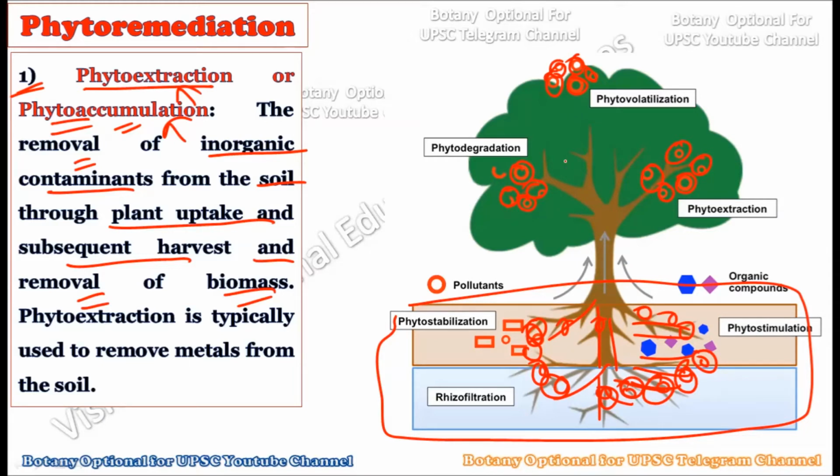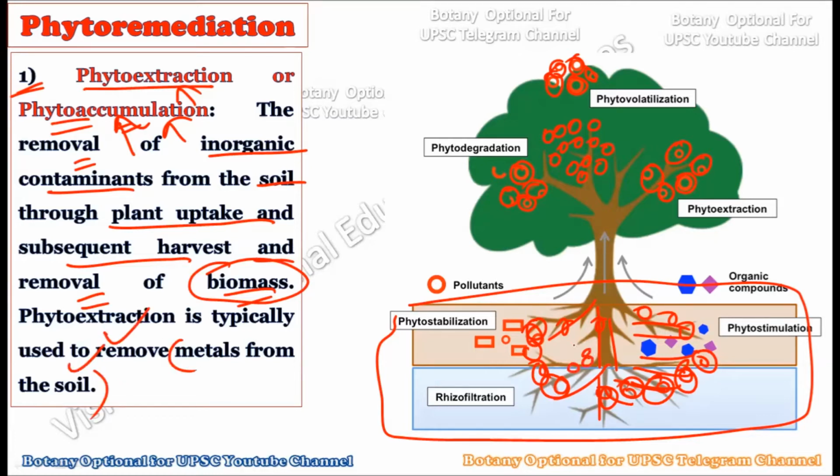Hence we are calling this particular method phytoaccumulation, because here the accumulation of the pollutants is occurring within the plant body. Then what we do, we remove the biomass of this particular plant from this area, okay. We just take out this plant, and along with it we are taking out all of the heavy metals or any type of pollutant which is present in that particular rhizosphere area. So phytoextraction is typically used to remove metals from the soil, okay.